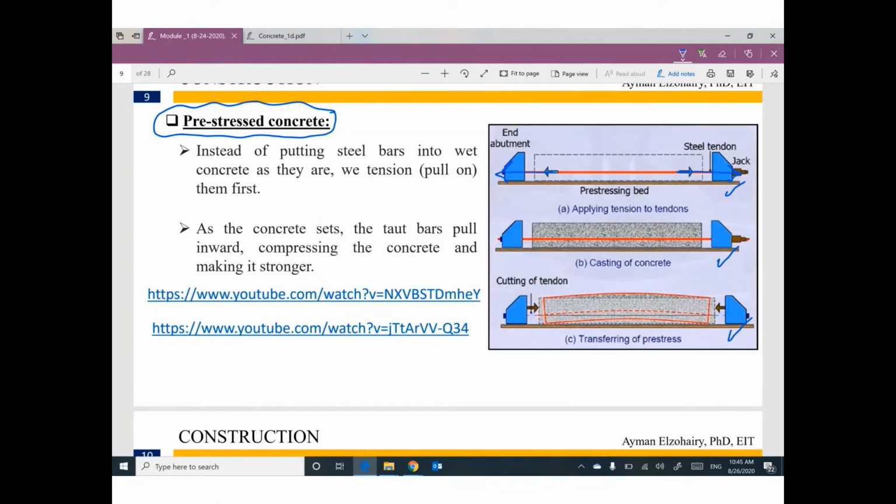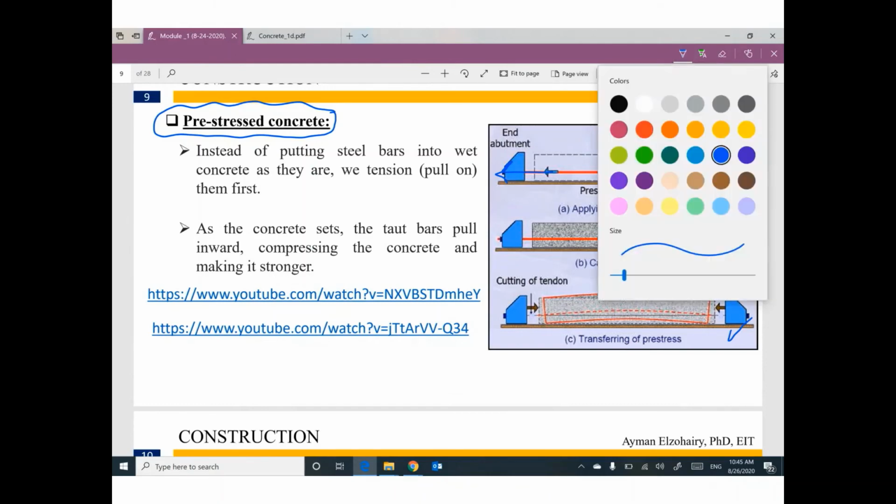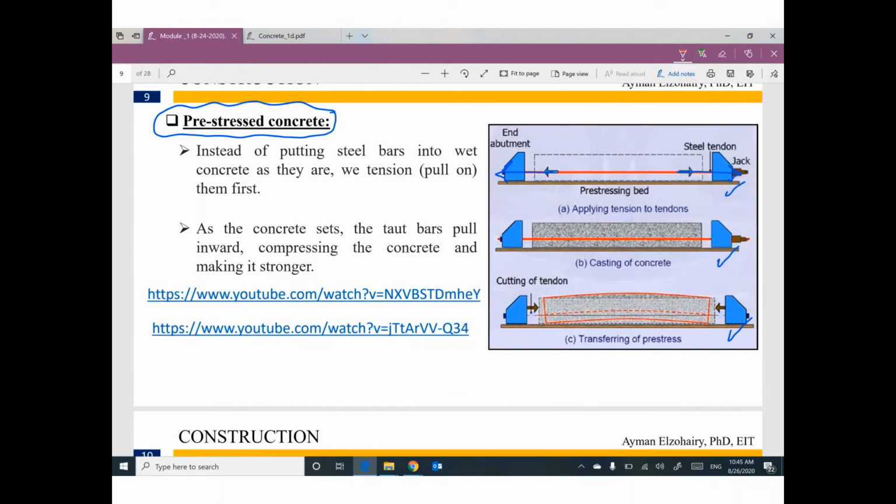Okay, so this is the main idea of pre-stress. Remember, the original force in the cable is tension. I am stretching this cable. Then I poured concrete. Then we have a very strong bond between concrete and this cable.